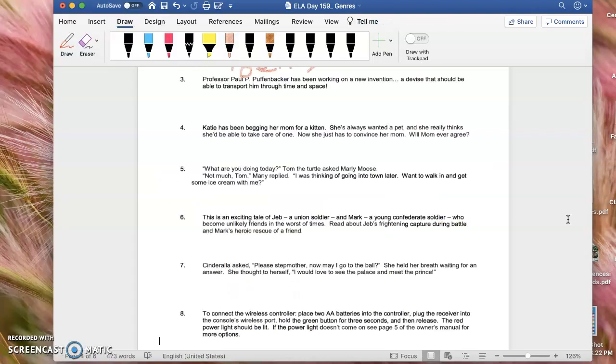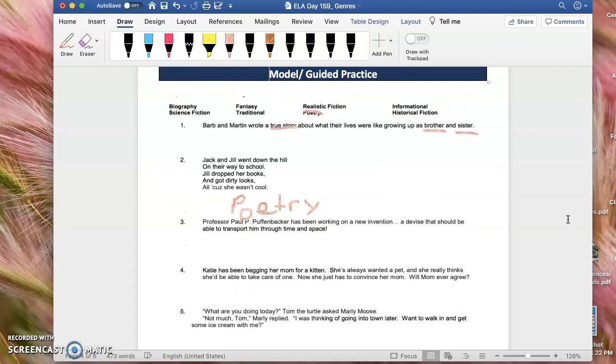So number 3, Professor Paul P. Puffinbaker has been working on a new invention. So first of all, they're talking about an invention, a device that should be able to transport him through time and space. And so they're talking about invention, space, all of that. And so we know that that is talking about science. And so this must be science fiction.